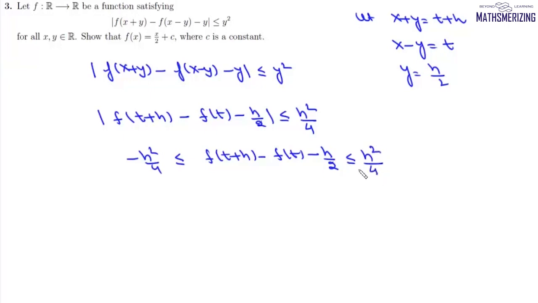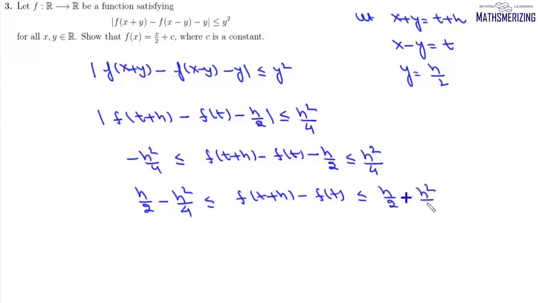Now we'll add h/2. So we can write h/2 minus h squared by 4 will be less than f(t+h) minus f(t), and this will be less than h/2 plus h squared by 4.